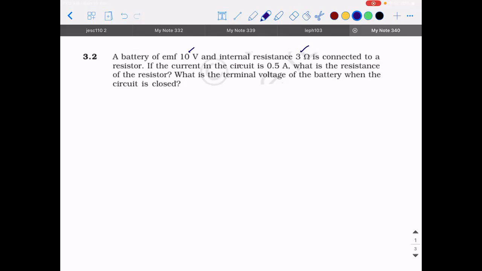If the current in the circuit is 0.5 ampere, what is the resistance of the resistor? That is the first part of the question. Second is, what is the terminal voltage of the battery when the circuit is closed?